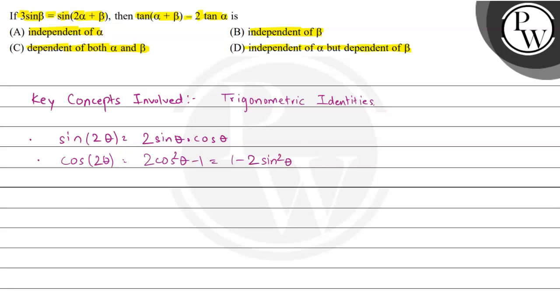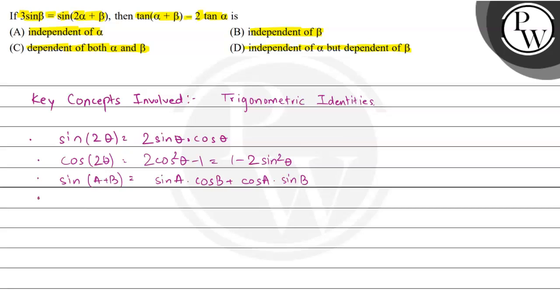And the third trigonometric identity that we'll be using is sine of a plus b. Here a and b are angles, and this comes out to be sine of a times cos of b plus cos of a times sine of b.